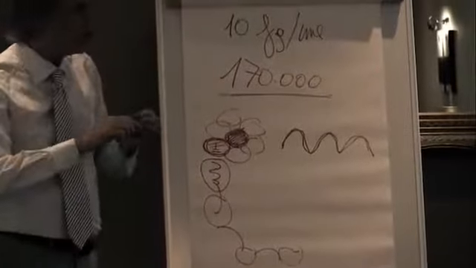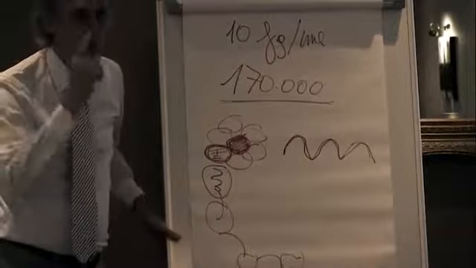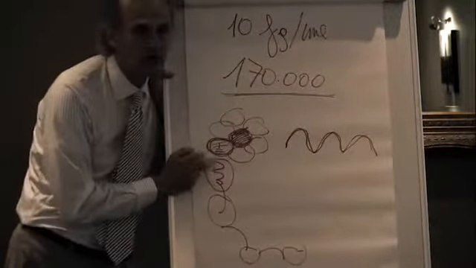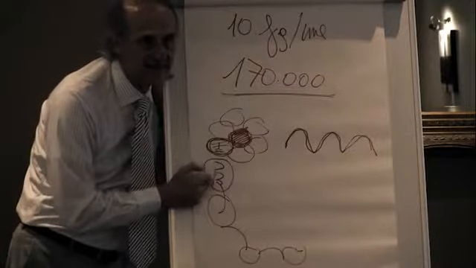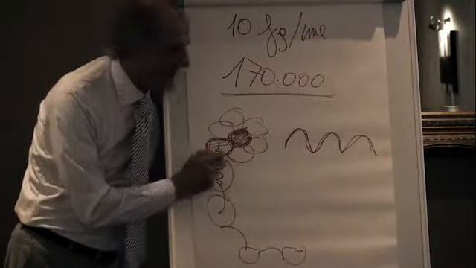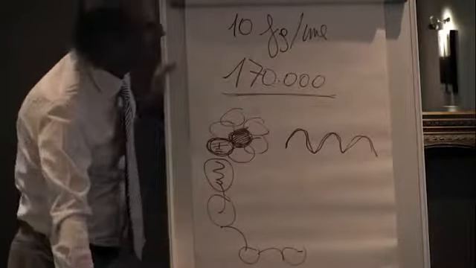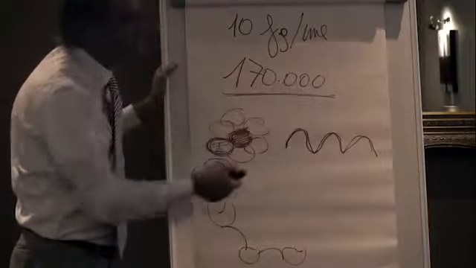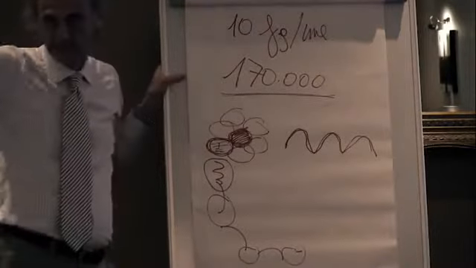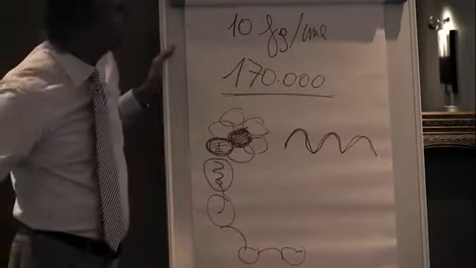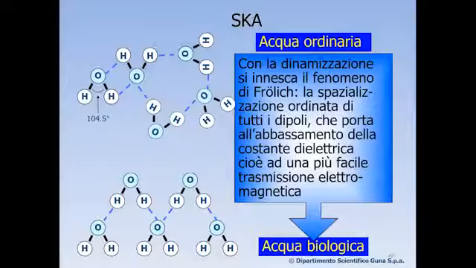But not all types of water are able to become a drug delivery system. Exactly, an electromagnetical wave delivery system. This is the structure of the ordinary water, this one. All the dipoles are disaggregated.